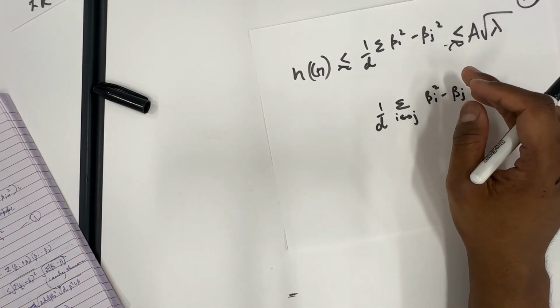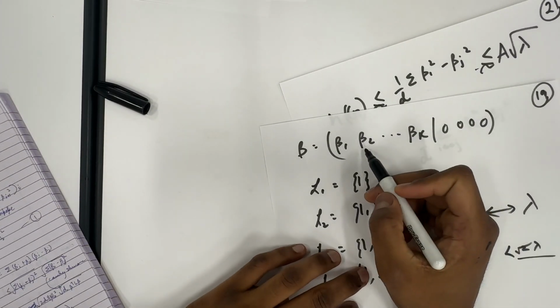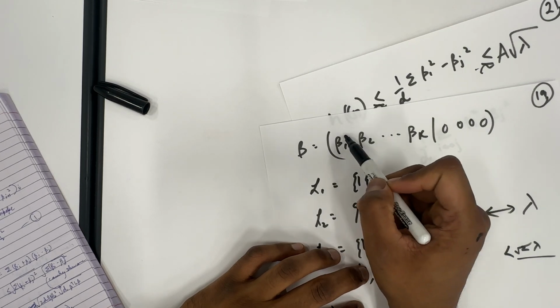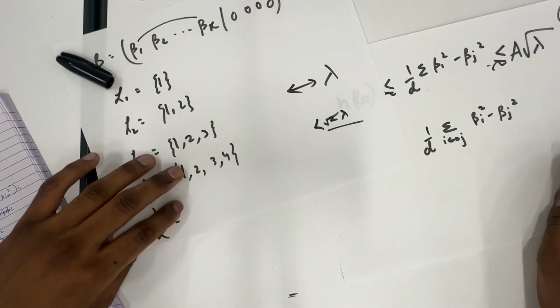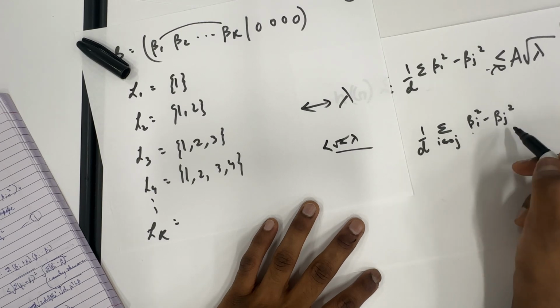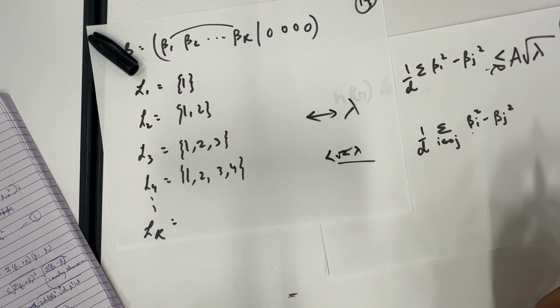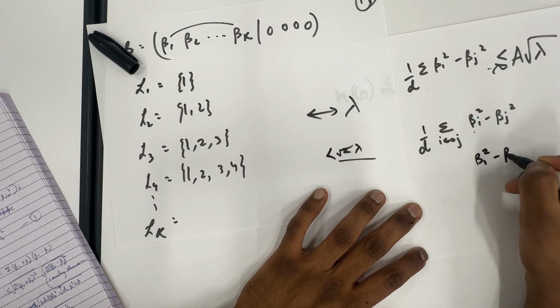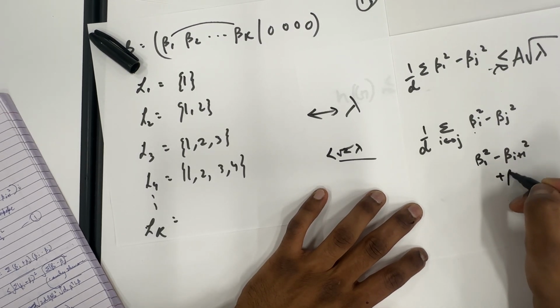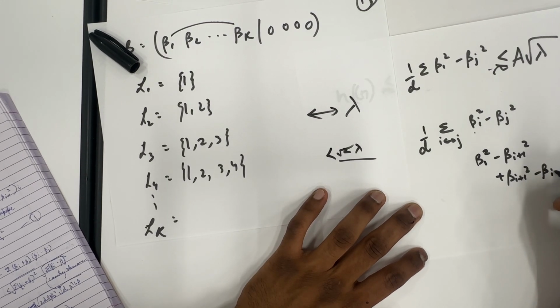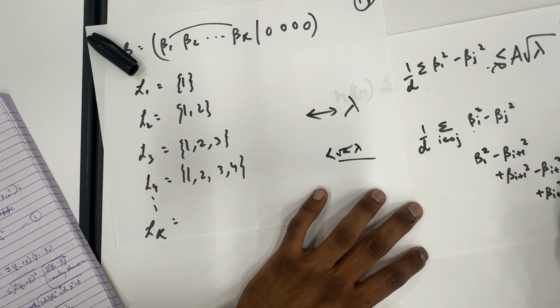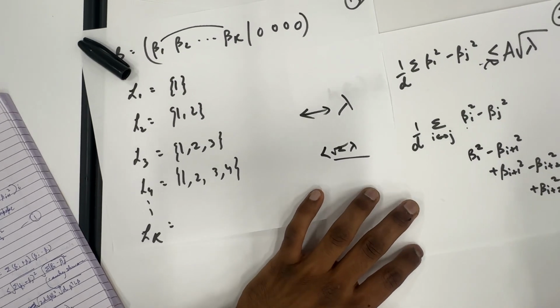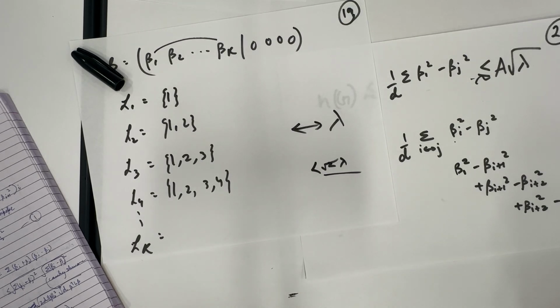So if my vector beta was something like this, and there was an edge running from 1 to k, I will have beta 1 minus beta k whole square, right? What I can write it as is beta i square minus beta i plus 1 square plus beta i plus 1 square minus beta i plus 2 square plus beta i plus 2 square minus beta i plus 3 square, right?